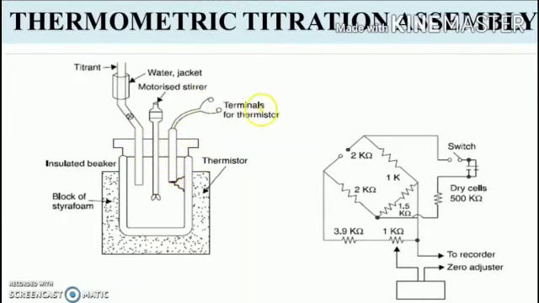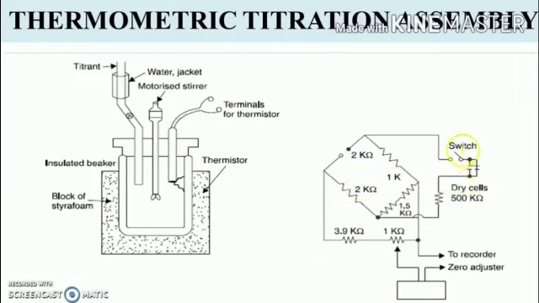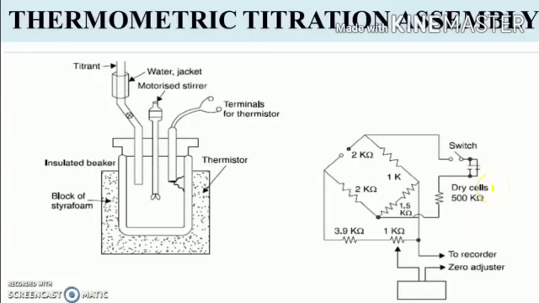This is the thermistor and this is the Wheatstone bridge. Thermistor is connected to this side of the Wheatstone bridge. Wheatstone bridge contains a dry cell with 1.5 voltage. When this switch is turned on, 1.5 voltage is applied across the Wheatstone bridge. The Wheatstone bridge gets activated, then the bridge measures the unknown resistance in the form of temperature.